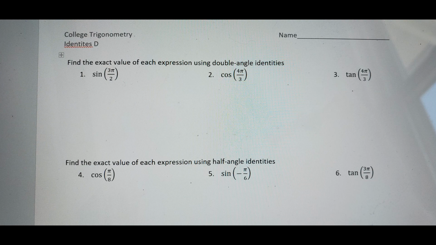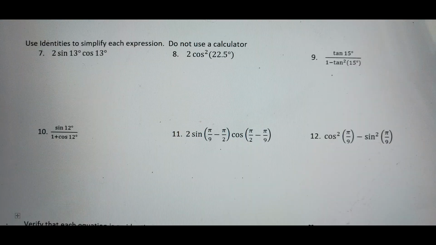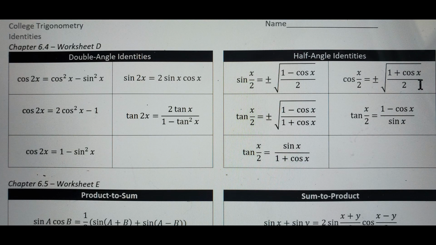And then 7 through 12, you're going to be using the identities that we talked about. So you're going to look at each of them and see if you can identify something that looks familiar and then make it turn into something else. On these, all you're doing is simplifying. So this isn't like proving any identities or anything like that.